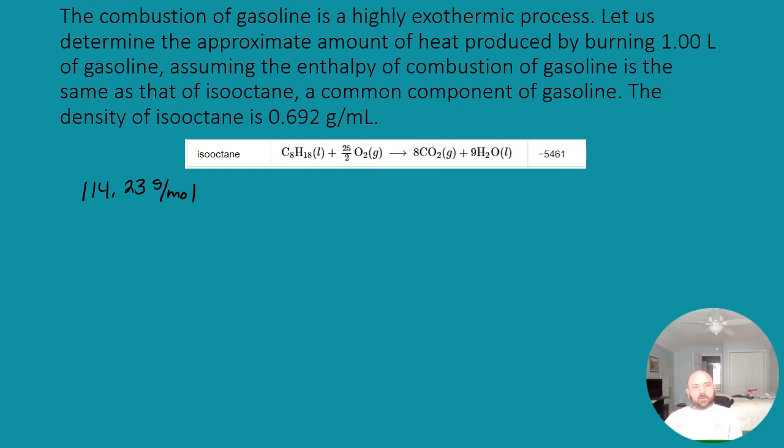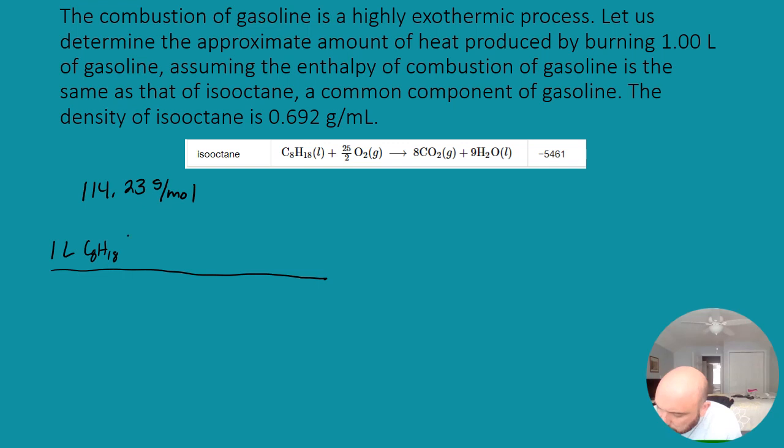So now that we know the molecular weight, we probably have enough information to set up our conversion. So we will say that we have a full liter, 1 liter of isooctane, C8H18.